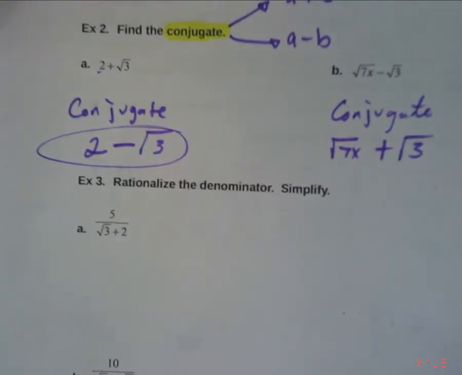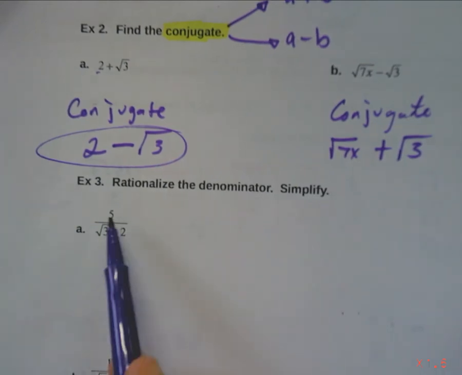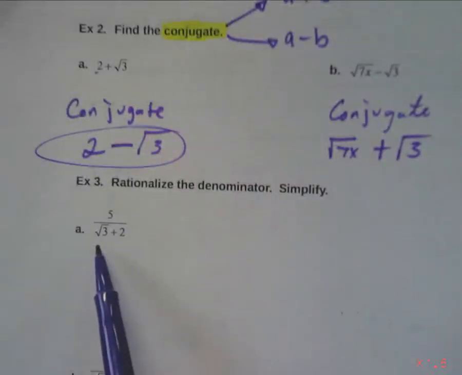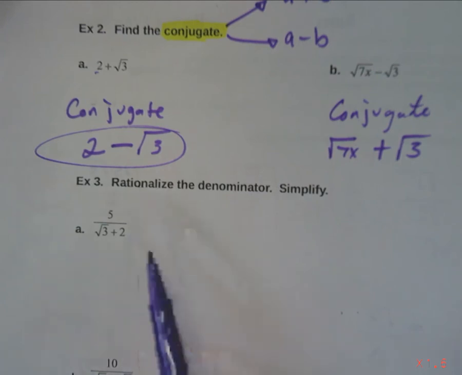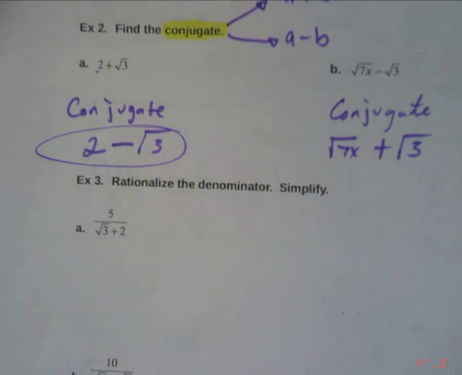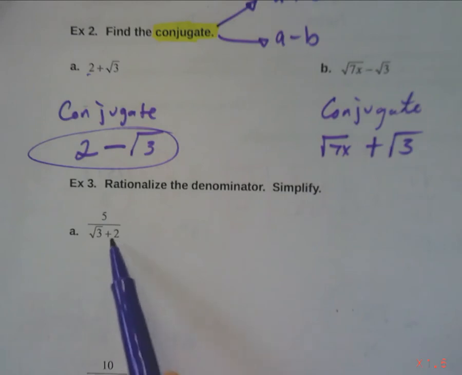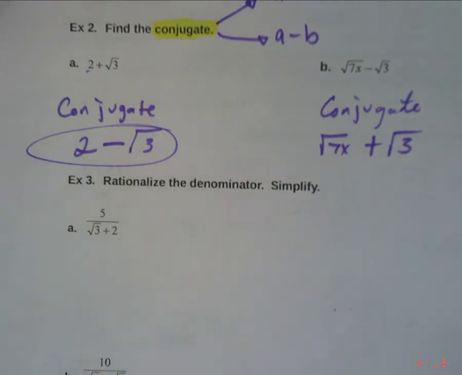Okay, so in example 3a, I have 5 over root 3 plus 2. And we want to get rid of the square root of 3, right? We don't want it on the bottom. But the bad thing is if I multiply top and bottom by root 3 there, it's not going to eliminate that root 3. I will get root 3 times root 3 is 3, but then I would get 2 times root 3, and now I'm stuck with this 2 root 3 on the bottom.